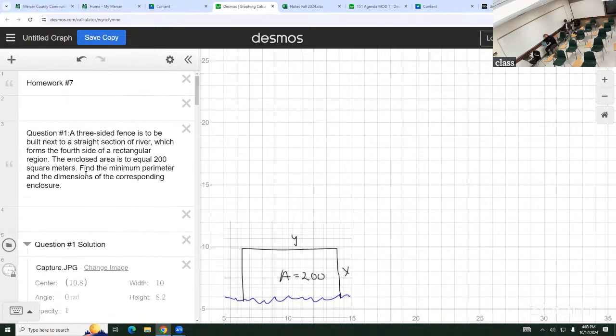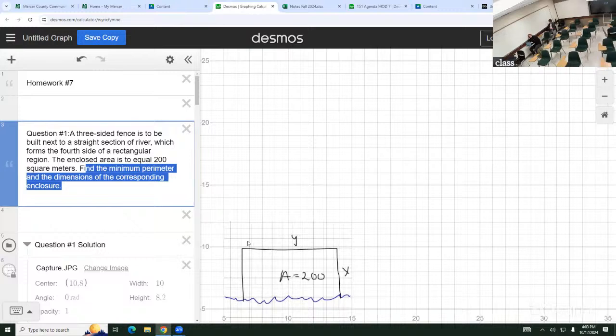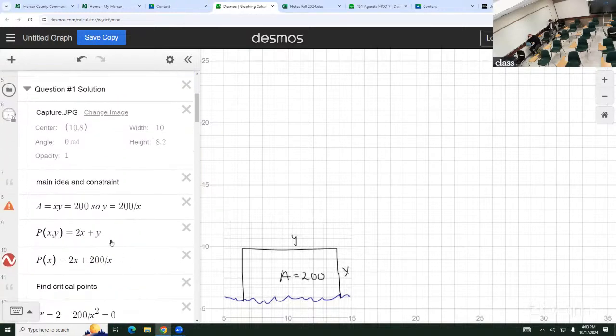It says find the minimum perimeter and the dimensions of the corresponding rectangle. So we know X is going to be 10, right? So 10 times what gives you 200? 10 times 20. You have to go back to the original Y equals thing that you used to get rid of Y and put the 10 in there.